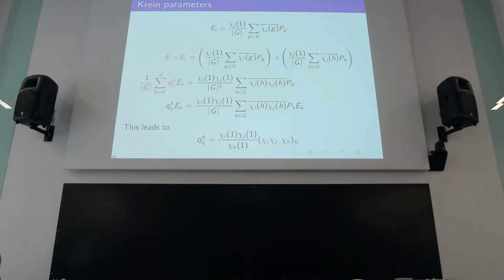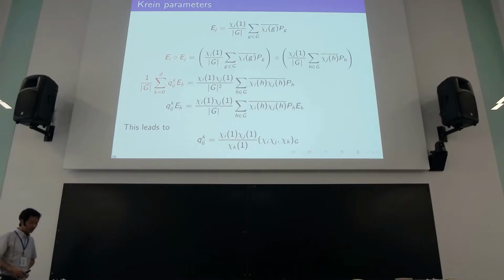On the other hand, the left-hand side is the definition of the prime parameter. So EI circle EJ, the entry-wise product, is expanded in terms of central primitive idempotents EK with coefficients given by prime parameters.